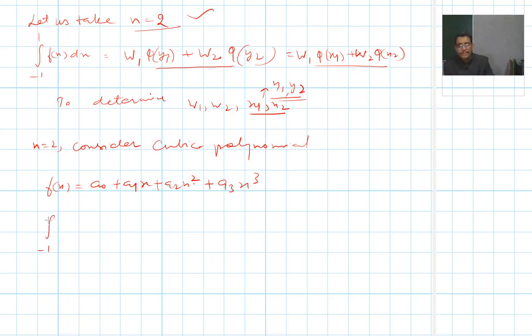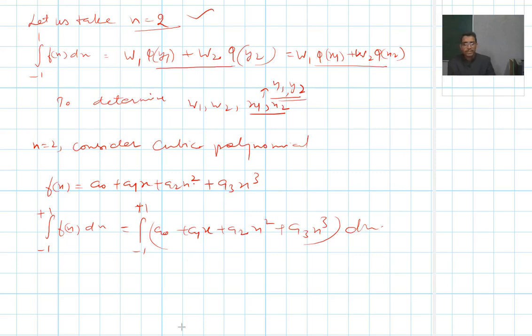Then the integral from -1 to +1 of f of x dx can be written as the integral from -1 to +1 of a0 plus a1x plus a2x square plus a3x cube, right?